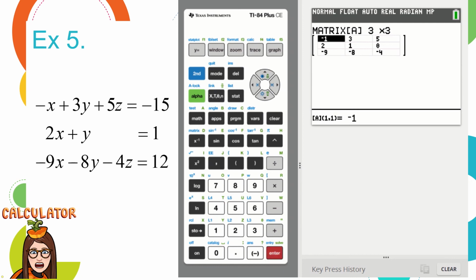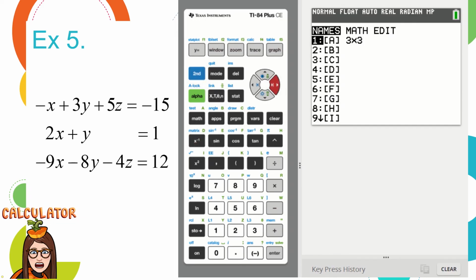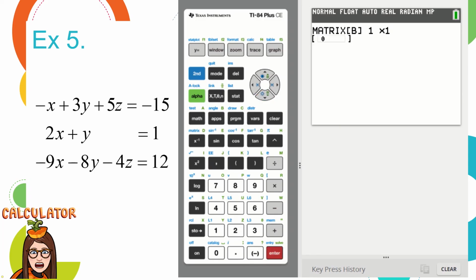Take a moment to make sure everything looks correct. Looks good. Let's go second matrix again. This time we're going to edit B. And we want our constant matrix, which is a 3 by 1. Our solutions are -15, 1, and 12. Double check. Looks good. Let's get out of this menu.